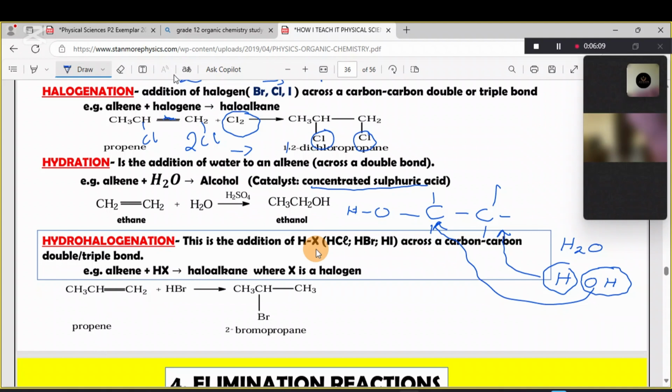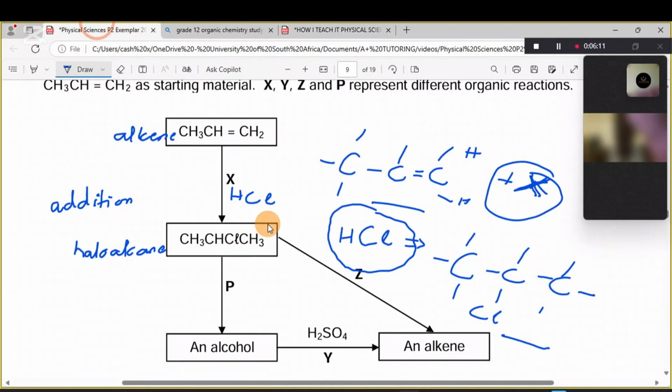That's why in the question we were dealing with, I had an extra H here which I didn't have here, and I also had the halogen. This is hydrohalogenation, because it's HX.